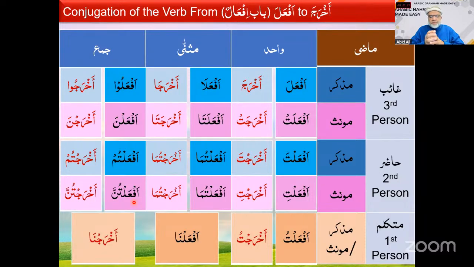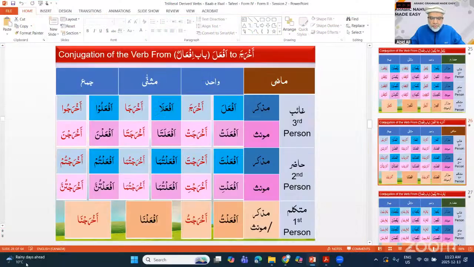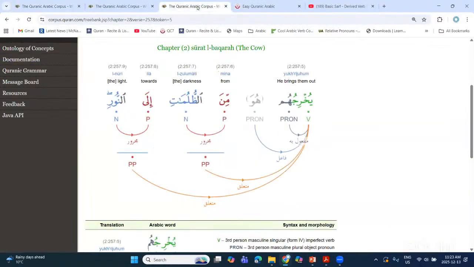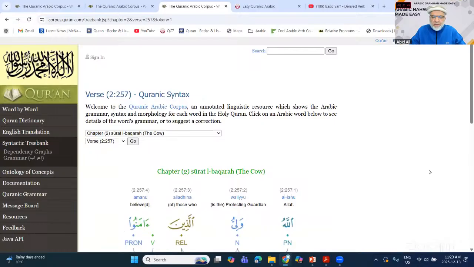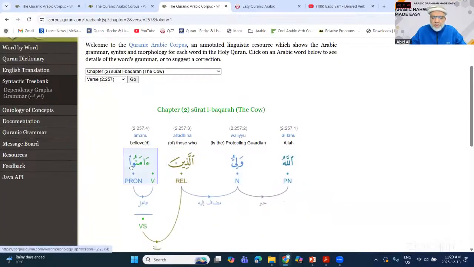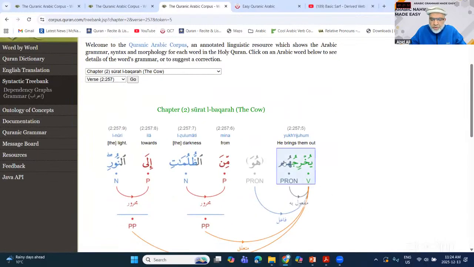MashaAllah. Good. Now, have you seen this pattern in the Quran? Yes, sir. Okay, look at this one. Let's take a quick sidetrack here. Now look at this one. This one, we have read this many times. Allahu waliyul lazina amanu yukhrijuhum.